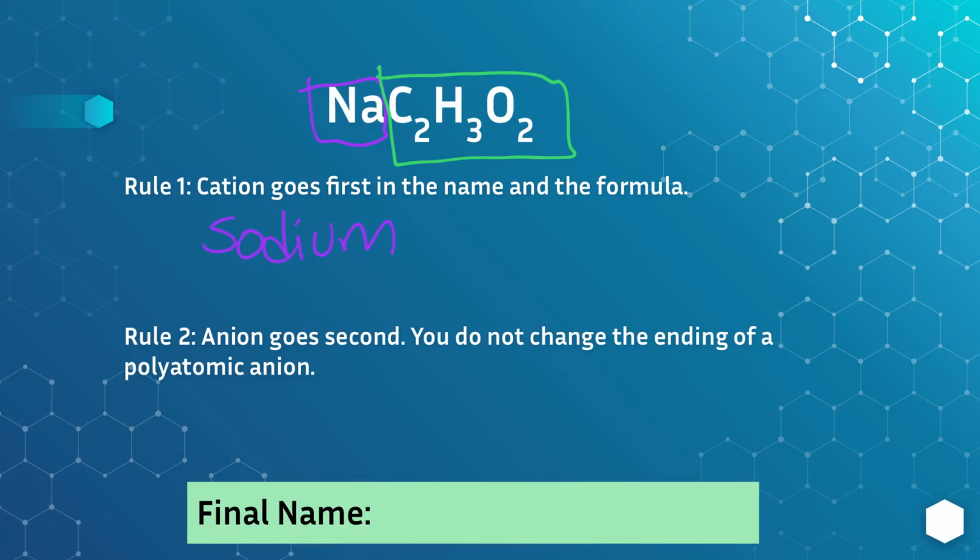By looking at my polyatomic ion list, I know that this polyatomic ion, C2H3O2, is acetate. So I don't change the ending of my anion if it is a polyatomic ion. So the final name is sodium acetate.